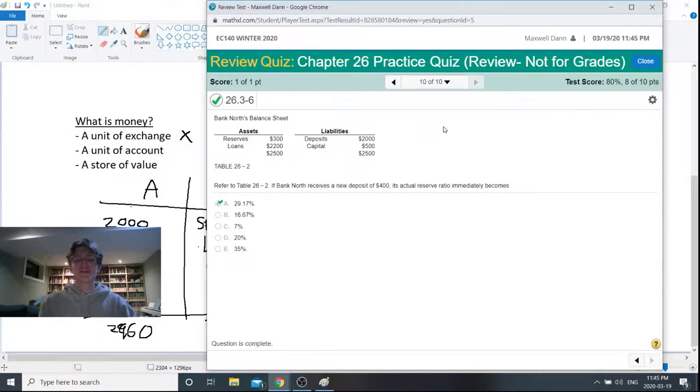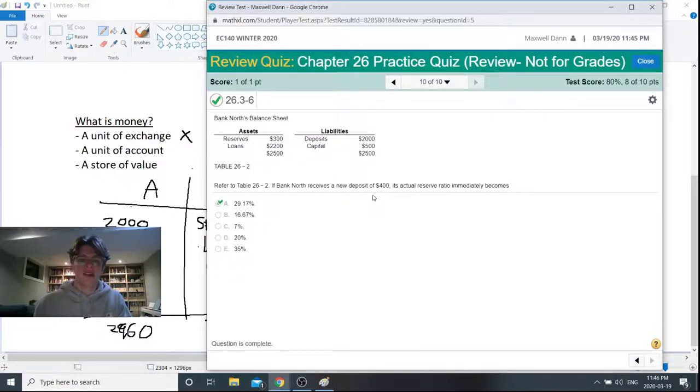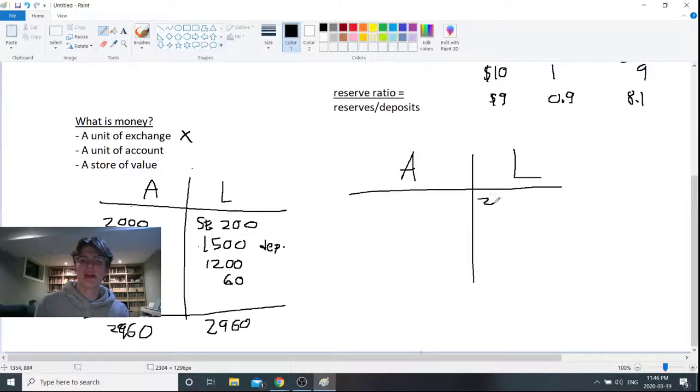Okay, this one tripped a couple people up when they asked me about it before, so I'll go through it. So if the Bank North receives a new deposit of $400, its actual reserve ratio immediately becomes, so remember our reserve ratio is our reserves over deposits. I'm not going to write them all down, but we know that we got a new deposit of $400. So that means our deposits are now $2,400, right?